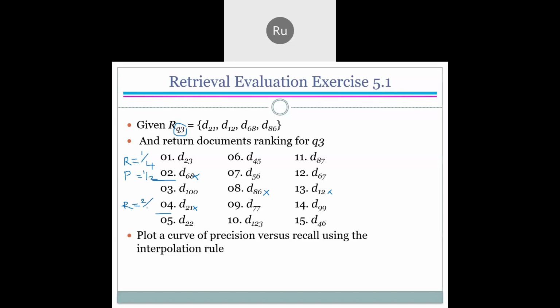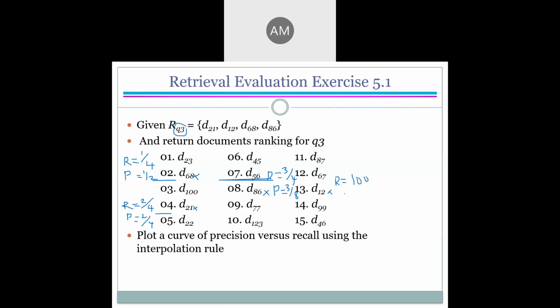For this one, the recall will be 2 over 4, and the precision is 2 over 4. Recall here is 3 over 4, and precision is 3 over 8. So over here, recall is 4 over 4.